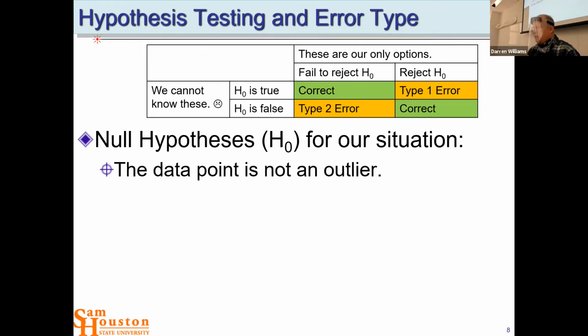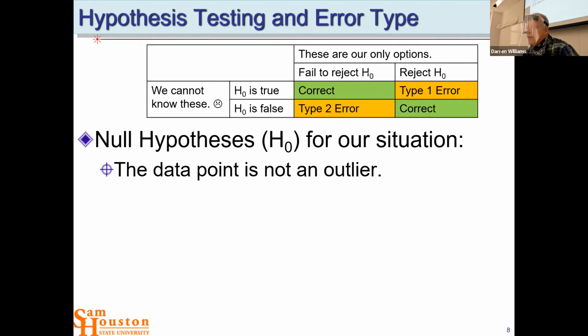If we have a true value and so on, we really can't know which is true or false. We can only know these two things. We can know if we reject it or fail to reject it. And so if we fail to reject the null hypothesis, that's what H0 means, okay?